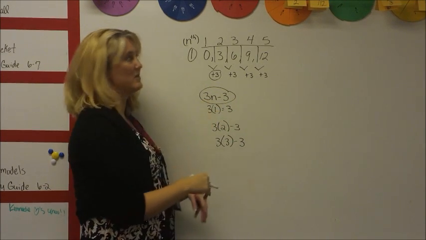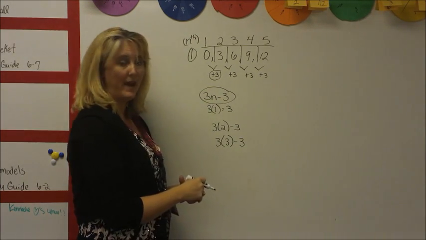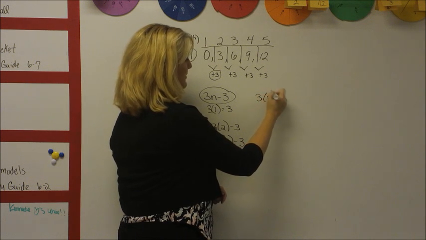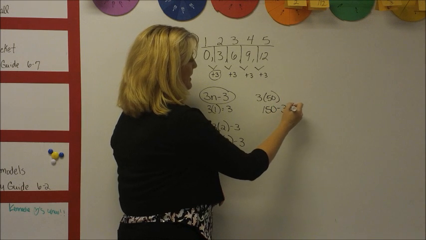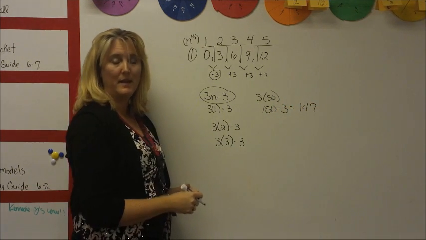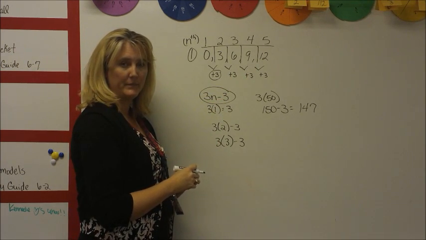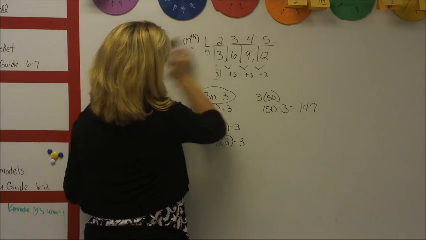I could use this expression to find the 50th term, and I wouldn't have to list the table all the way out. I could just go, okay, 3 times my 50th term, which is 150, minus 3. My 50th term in the sequence is going to be 147. And I don't have to list the table out to figure it out. Okay? It's a little confusing, I know, but let's do another one.